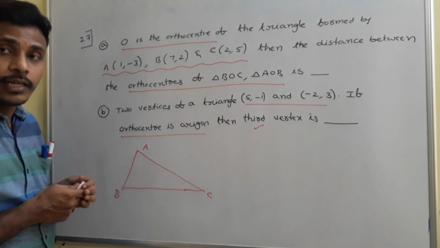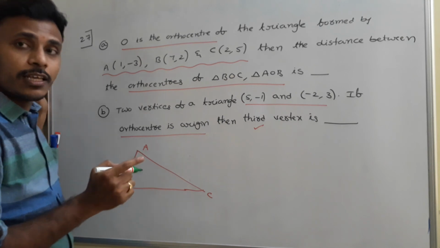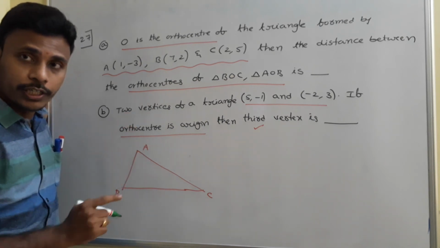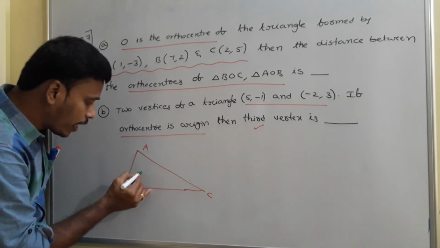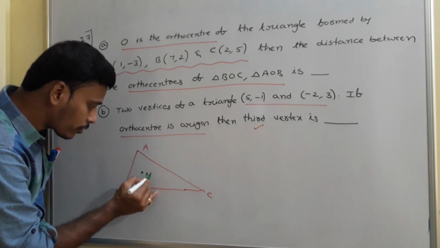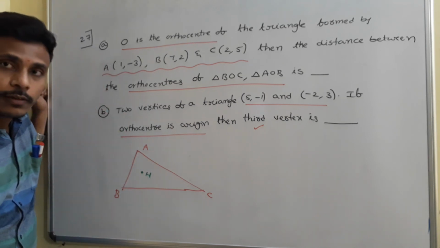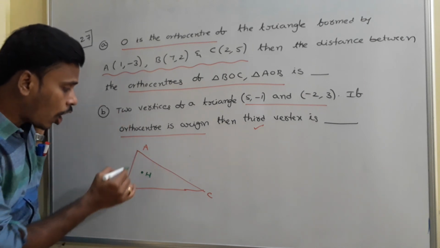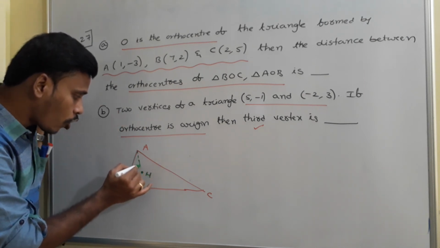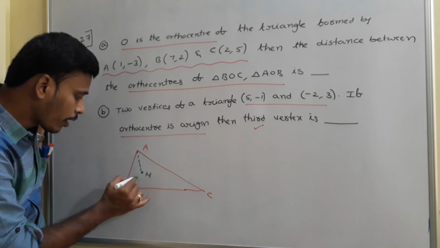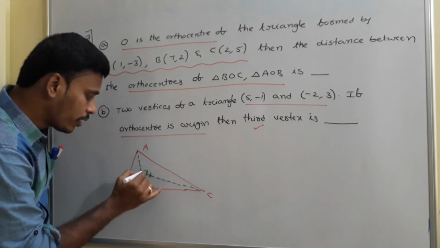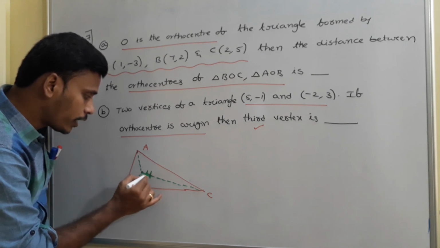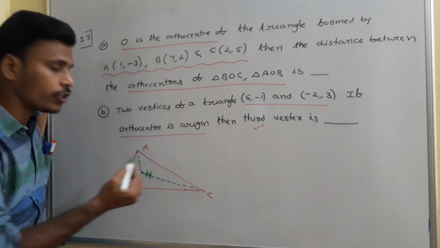What is the orthocenter? The orthocenter is the point of concurrency of the altitudes. You drop altitudes and identify the orthocenter as some H. After identifying the orthocenter, you join A to H, B to H, and C to H.